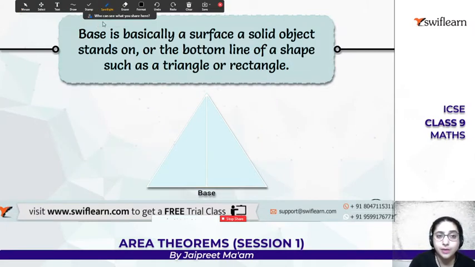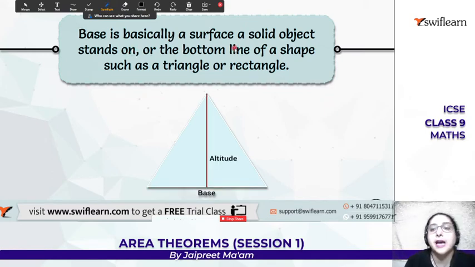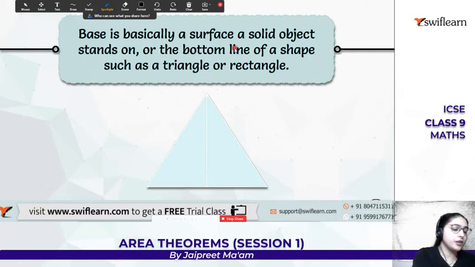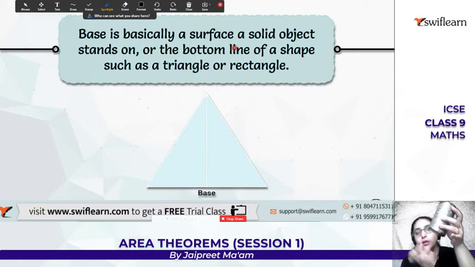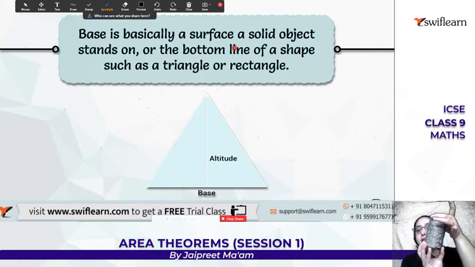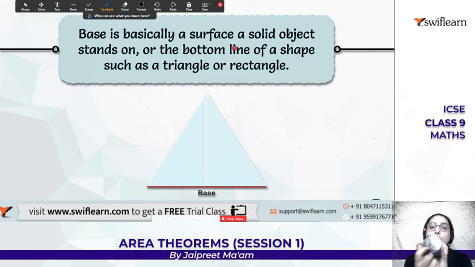Let's understand more about what a base is. Base is basically a surface of a solid figure, any figure that has a solid surface it stands on, or the bottom line of a shape such as a triangle or rectangle. I will give an example of a pen holder. This is the base on which the pen holder is standing, although it's cylindrical in shape.